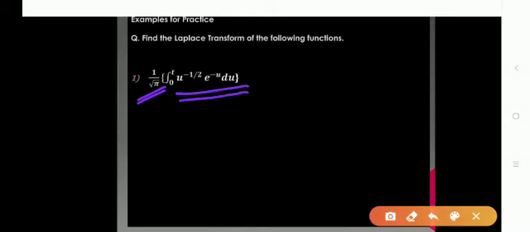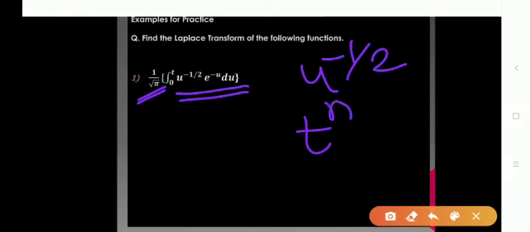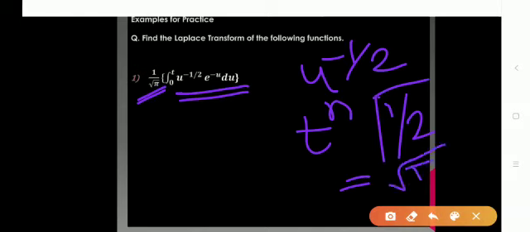Now first we will find the Laplace transform of u raised to minus 1 by 2 using the Laplace transform of t raised to n for n a fraction, which contains the gamma function. Here you may have to use the gamma function value of 1 by 2, which is nothing but the square root of pi. You have to use this result to find this Laplace transform.